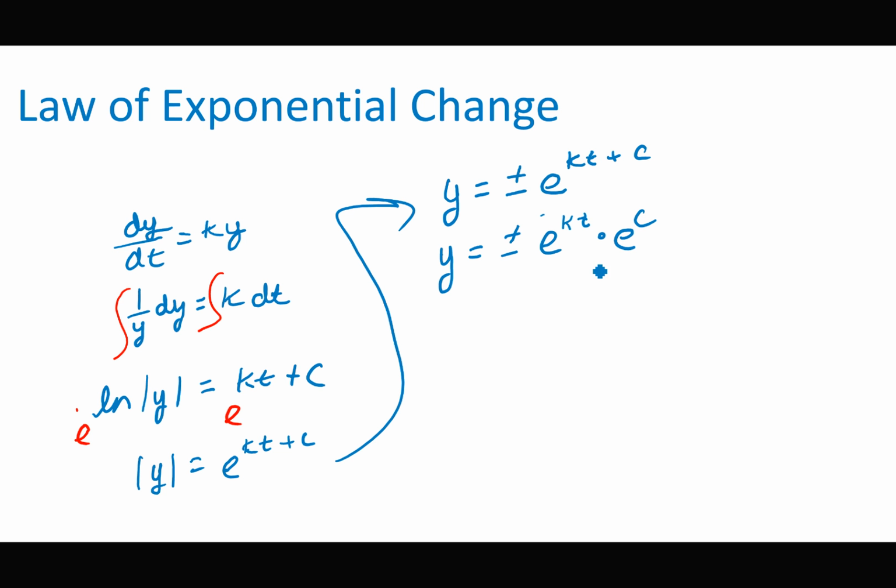All right, this e to the c is e raised to some number, so I'm going to call this a. All right, so I have y equals plus or minus e to the kt times a.